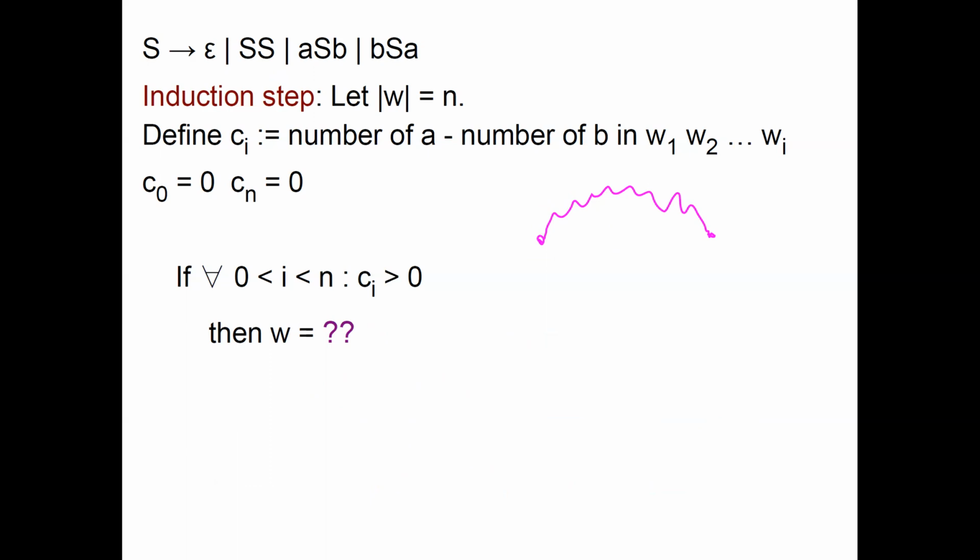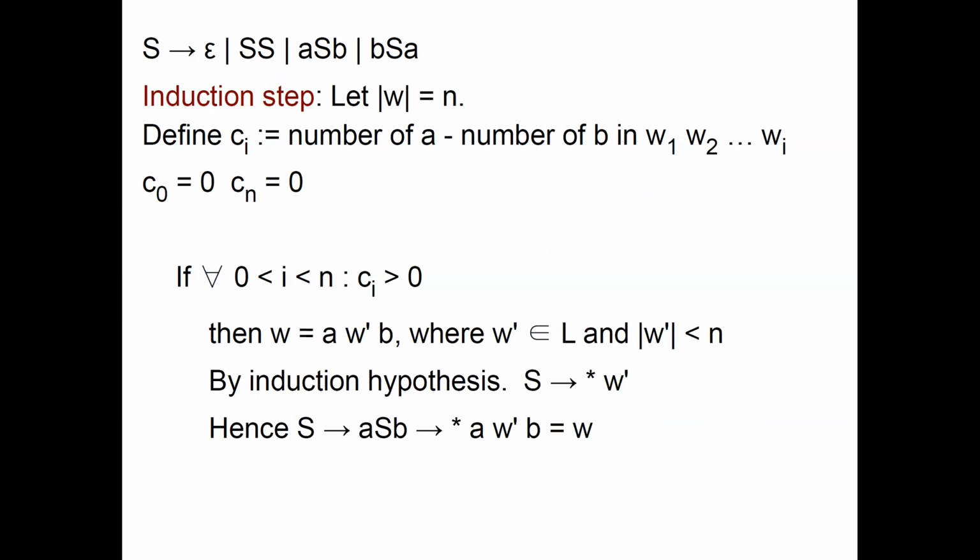Well, you have to think about it. Then w has to be of the form A w' B. At the beginning, you must have an A, and the last symbol must be a B, because you never touch 0. And w' has length less than n.